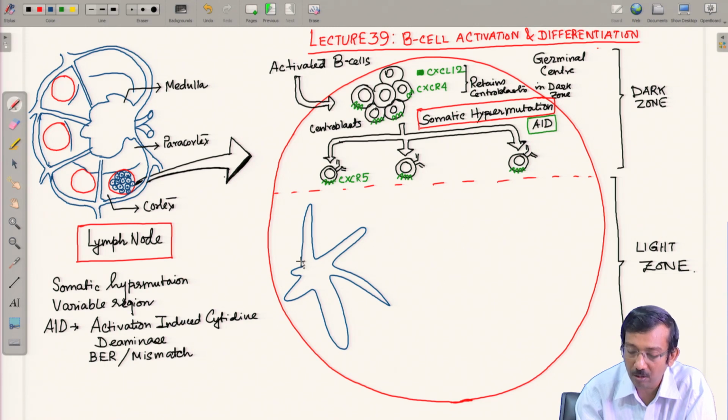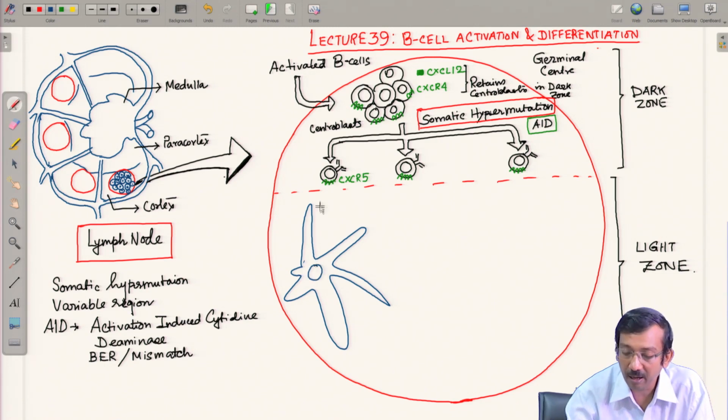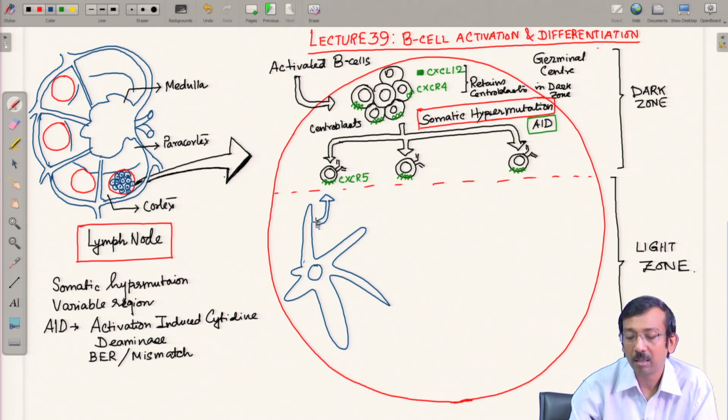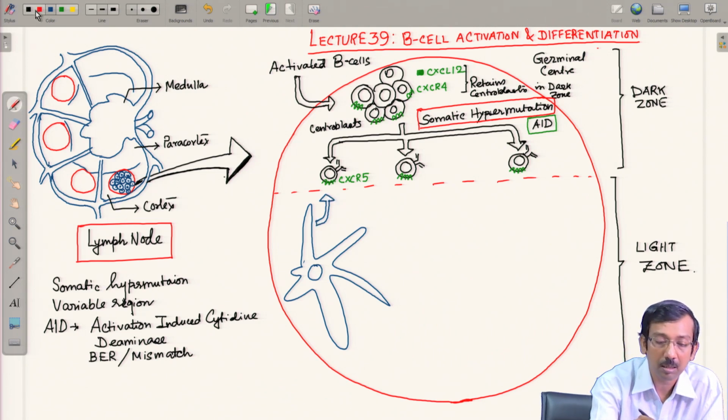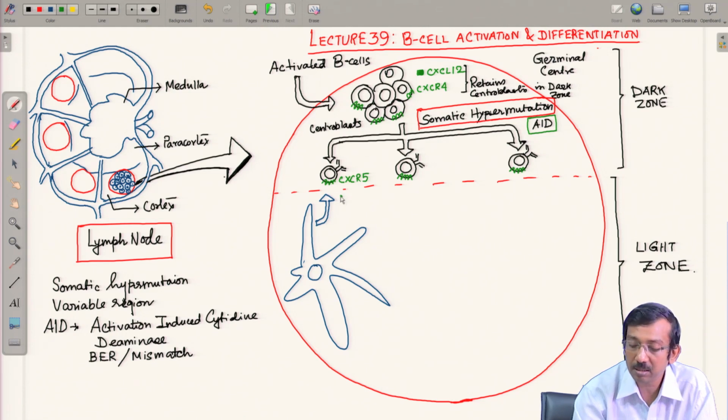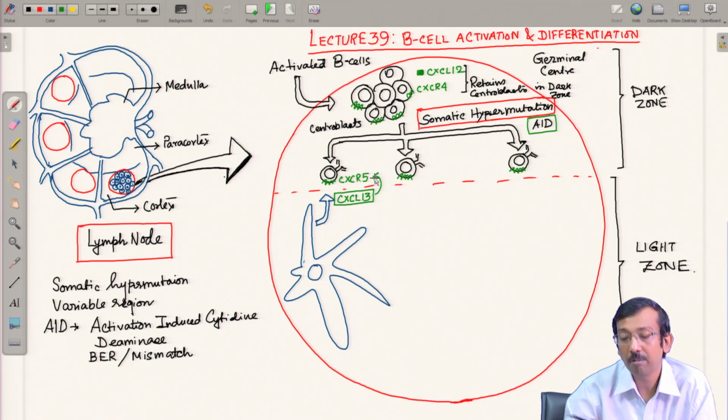These dendritic cells are the primary producers of a class of cytokines, basically chemokines, that is the CXCL13. Now this CXCL13 is a ligand for the CXCR5 receptor.